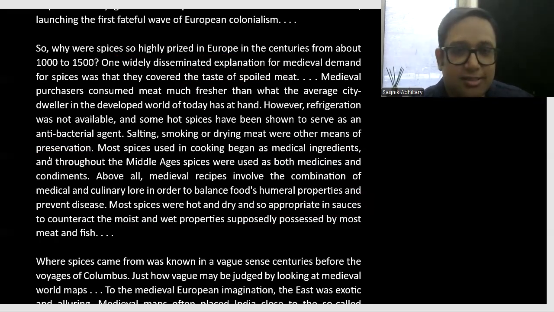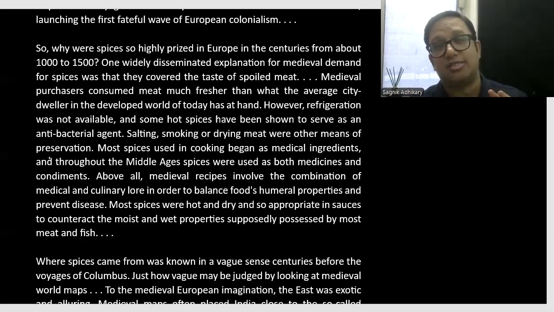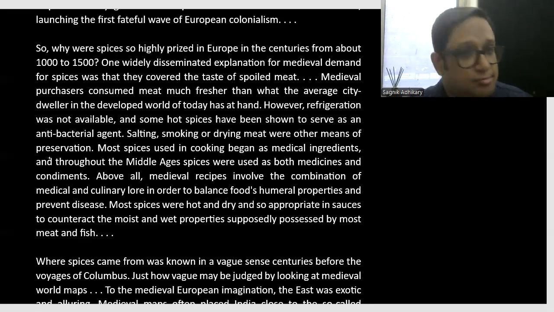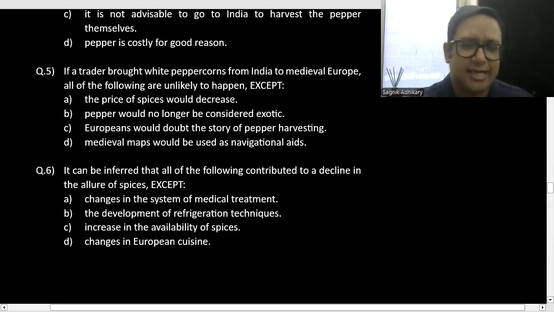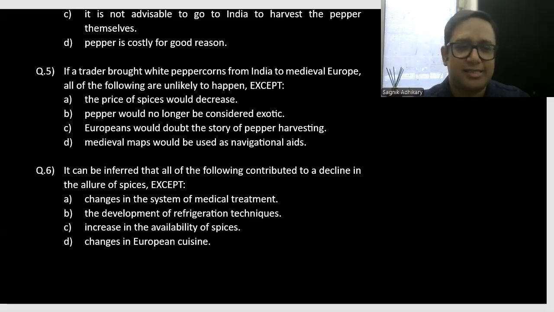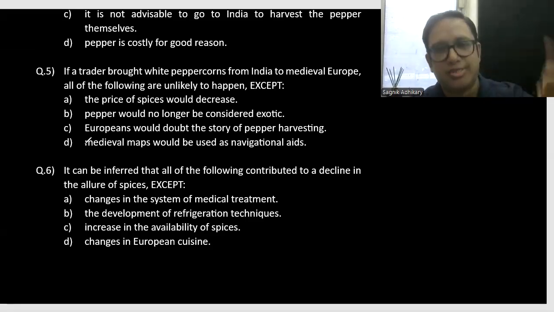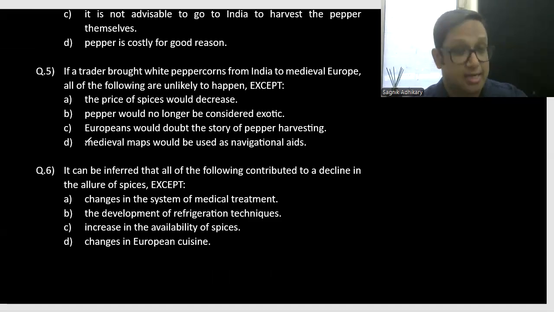Now, these were the reasons why there was such a desire for spices. One could infer that if there was a decline in the allure of spices, the desire for spices, it must have been because these reasons were eliminated, these factors were mitigated. Let's see which ones.